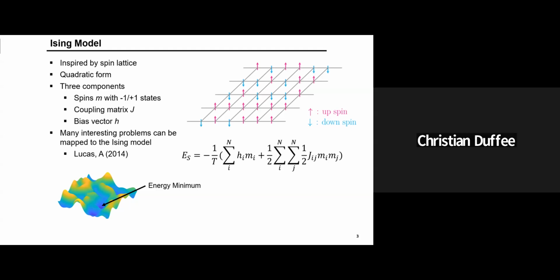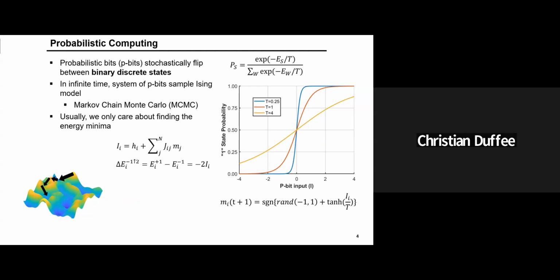Ultimately, we can encode many interesting problems into this format, such that their solution corresponds to the ground state of the Ising model. There are many ways to find this ground state solution that have been presented this week, but the one that we focus on is termed probabilistic computing. Probabilistic computing is somewhat of a discrete method.